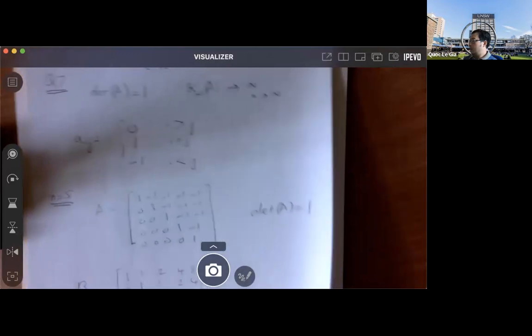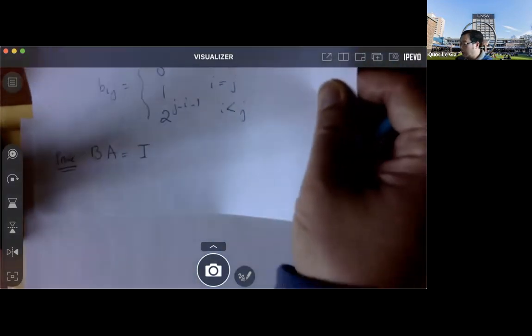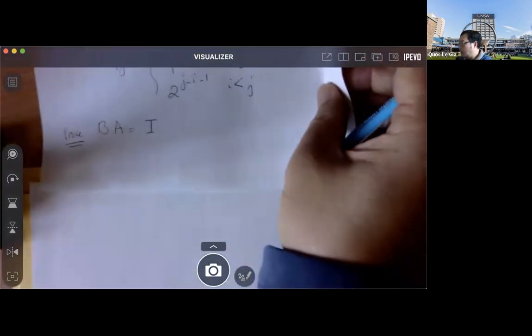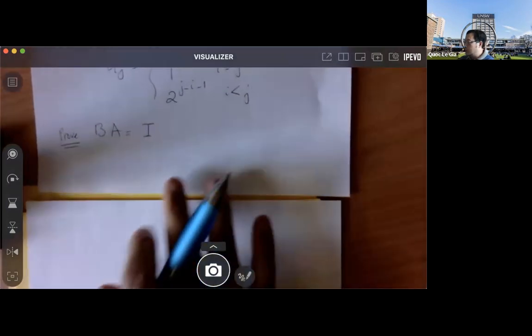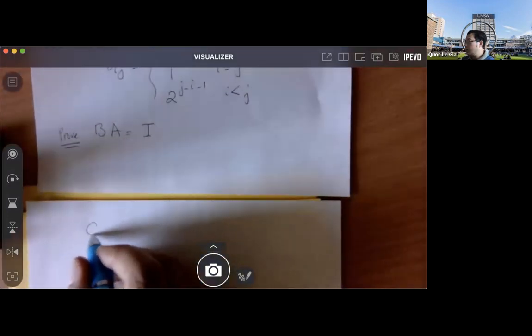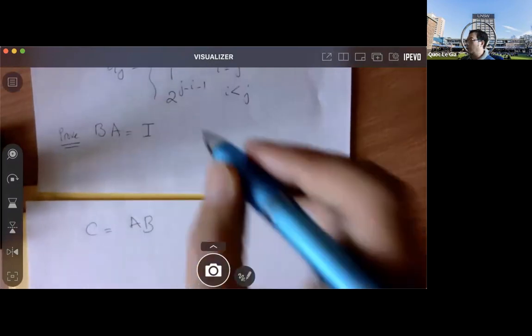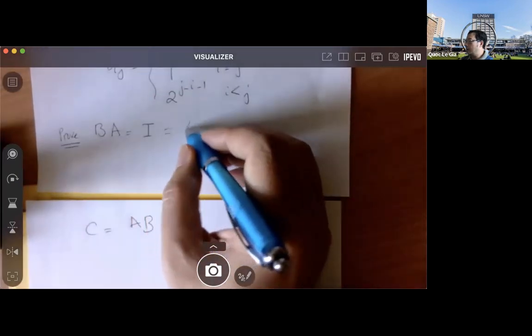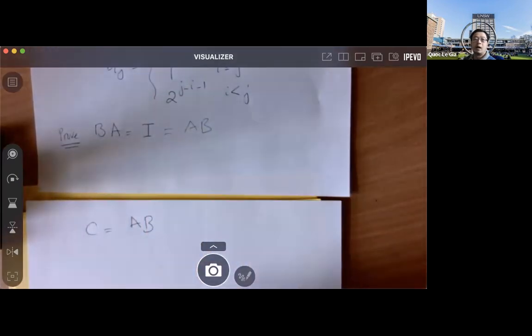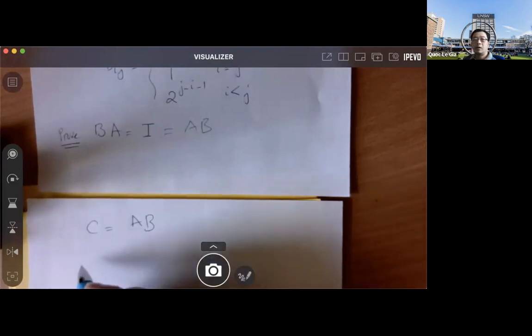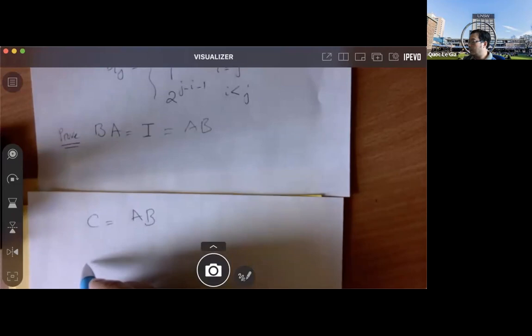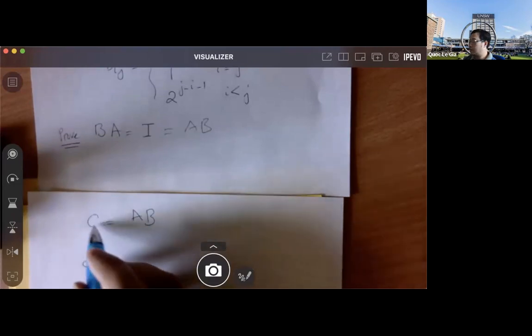So now suppose I label C to be the matrix A multiplied with the matrix B, right? B times A or A times B is the identity, so it's either way, right? So now the matrix C can be computed. Suppose the entries of the matrix C are little c.